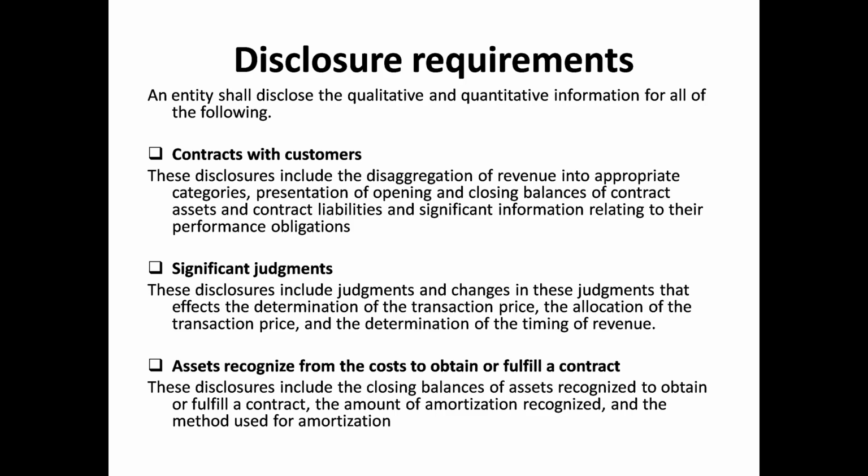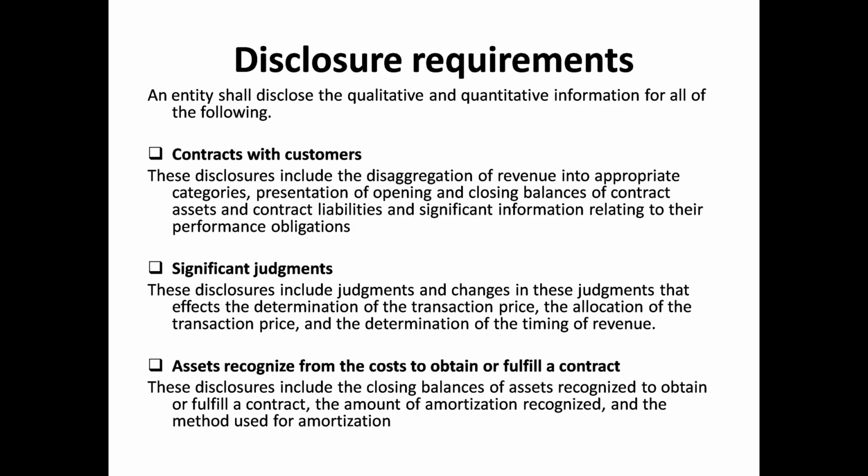Number 2, significant judgments. These disclosures include judgments and changes in these judgments that affects the determination of the transaction price, the allocation of the transaction price, and the determination of the timing of revenue.